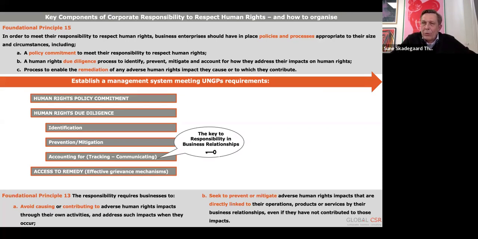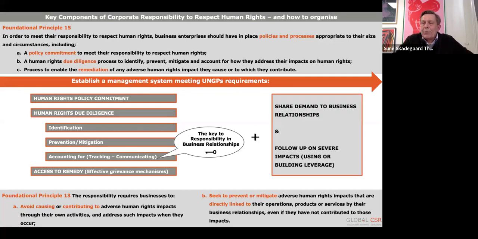Also, and that's very important, they have to be able to communicate to both impacted stakeholders and their business relationships what they identified, what they're doing to prevent and mitigate, and how they track effectiveness. Hence, the key to the management system is that we have to be transparent vis-a-vis each other as business relationships on how we manage risks of impacts.